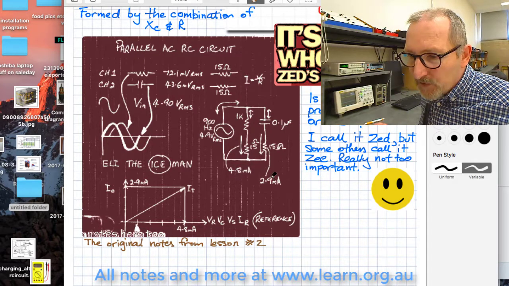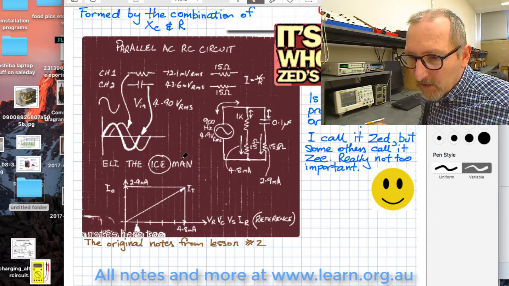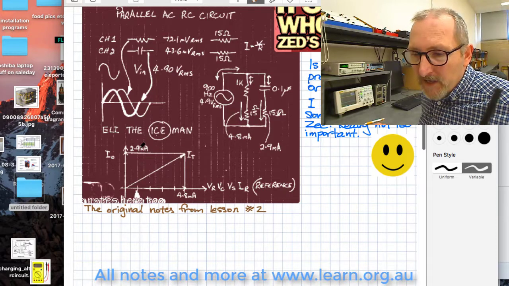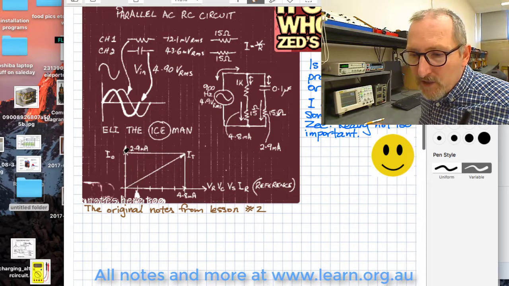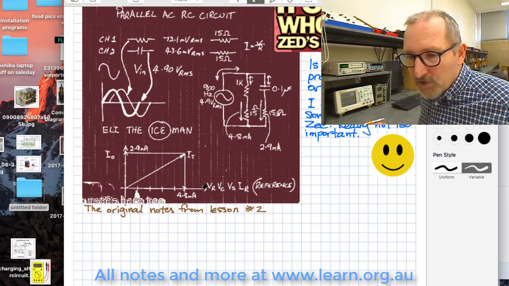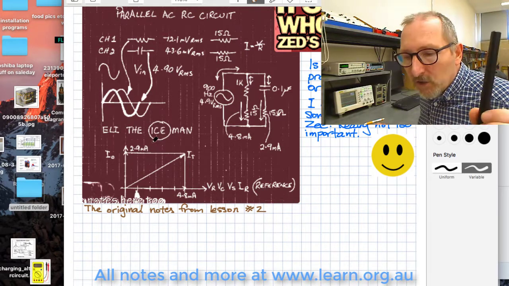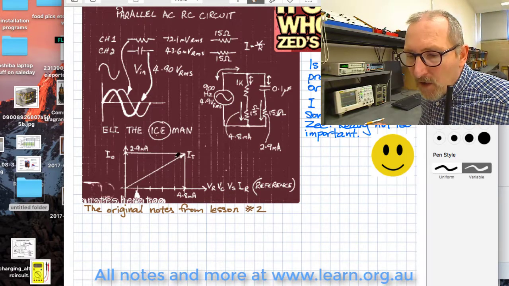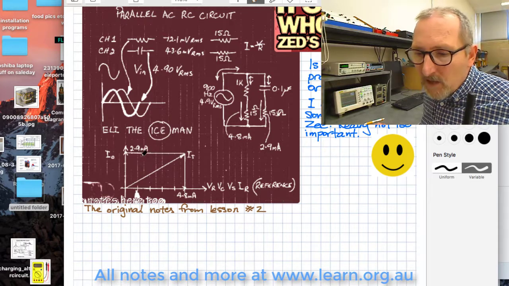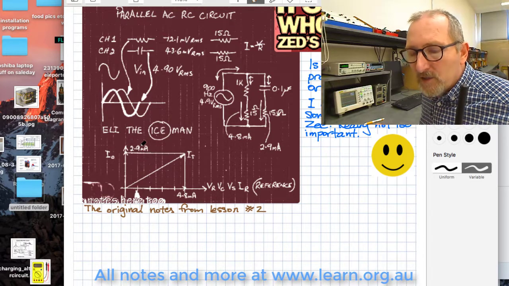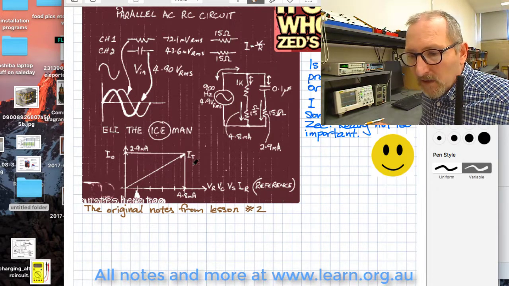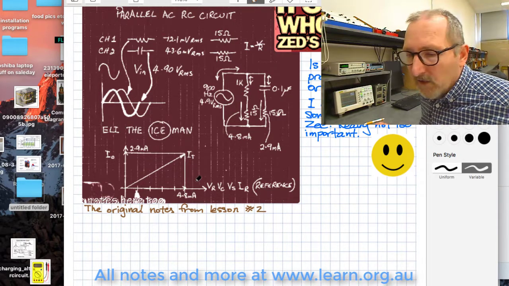They were the currents that we measured, and then we constructed the phasor diagram showing IC, which always leads the voltage across the capacitor by 90 degrees, but the supplied current to the circuit, IT, is going to be somewhere between IC and VR, if you like.